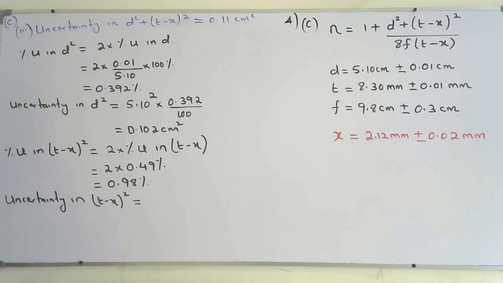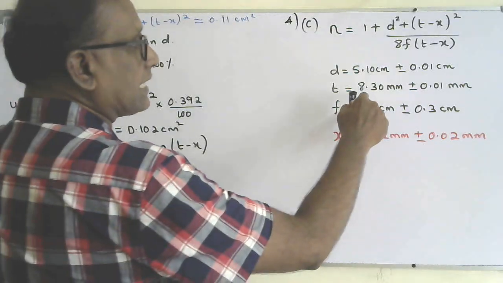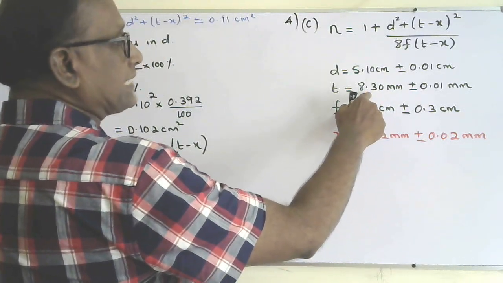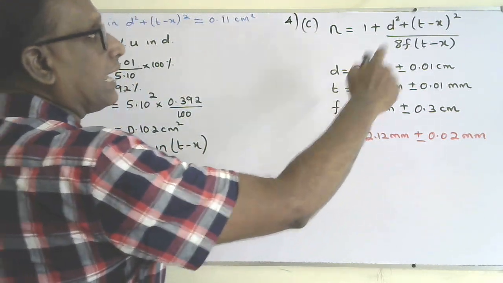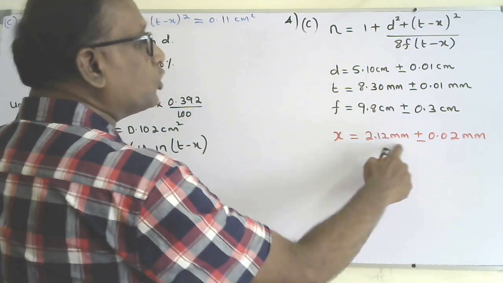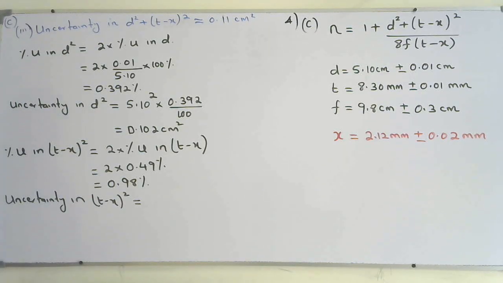Value of t minus x, I need to find it. So that is 0.618, value of t minus x. You can say value of t minus x, t in centimeter, 0.830. X is 2.12. So you can find the value of t minus x.